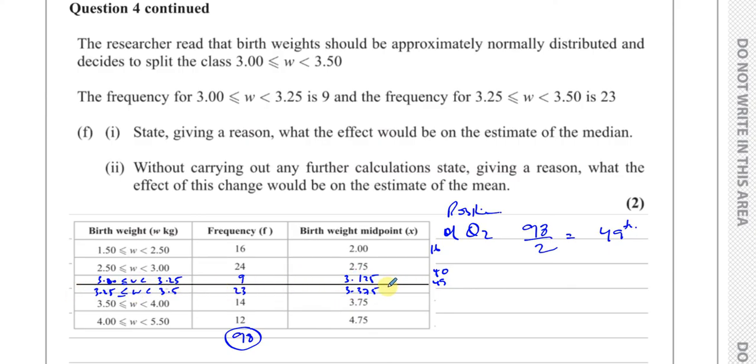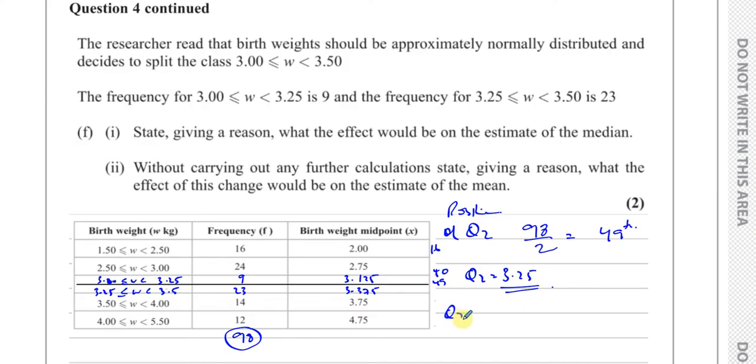So the position of Q2 is now the 49th position, which is 3.25. So Q2 is now 3.25, because you can see it's right on the border.